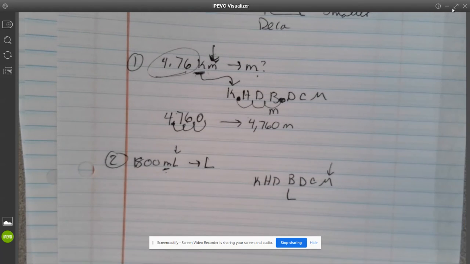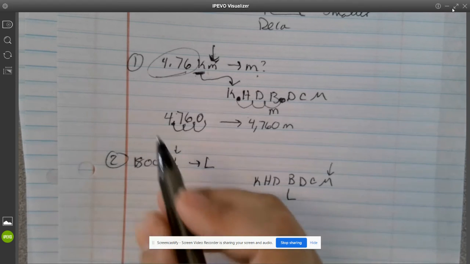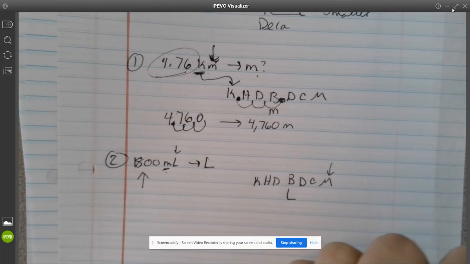Now, some of y'all may look at this and say, okay, I understand the number and I understand that we're doing something with a decimal. And you're going to be looking right here to the number. And some of y'all may turn around and say, there's no decimal, how can I move the decimal?